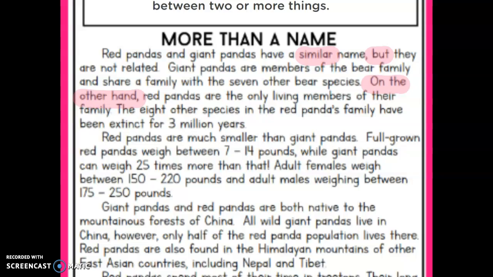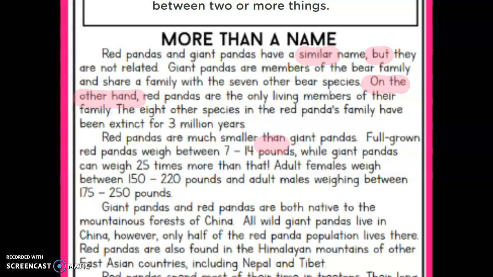Red pandas are much smaller than giant pandas. This keyword than tells us that I'm comparing 2 things. Full-grown red pandas weigh between 7 to 14 pounds, while giant pandas weigh 25 times more than that.